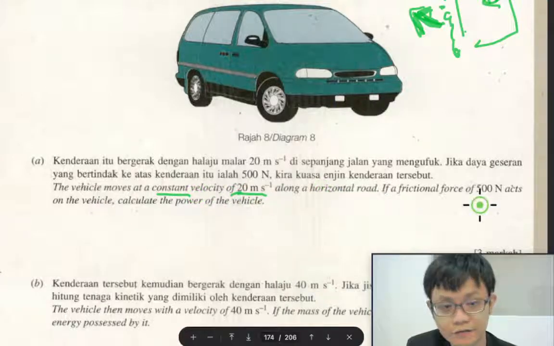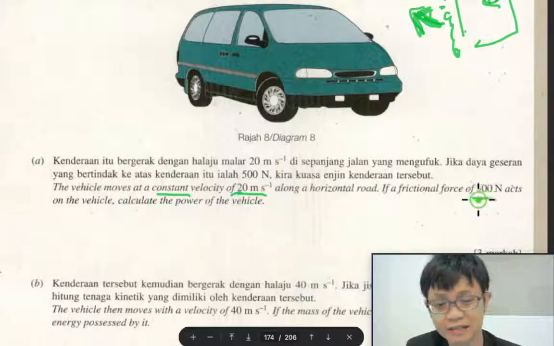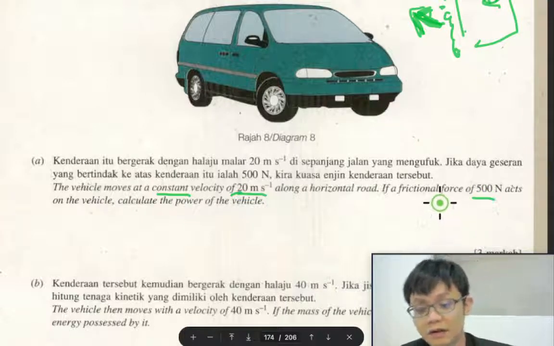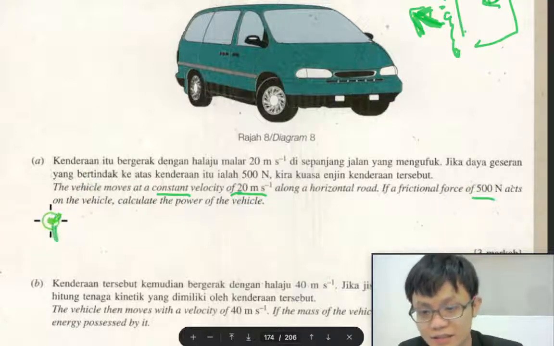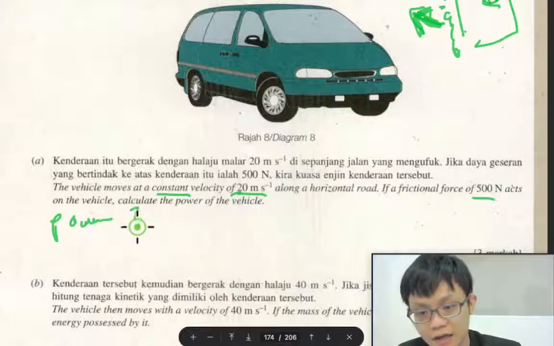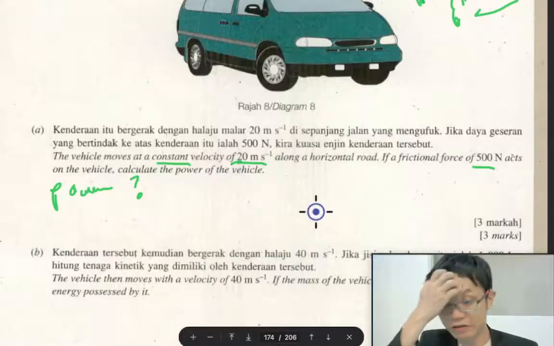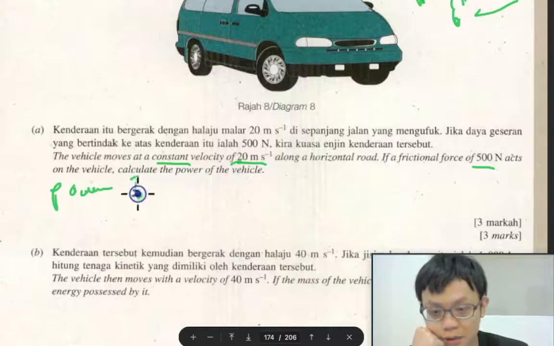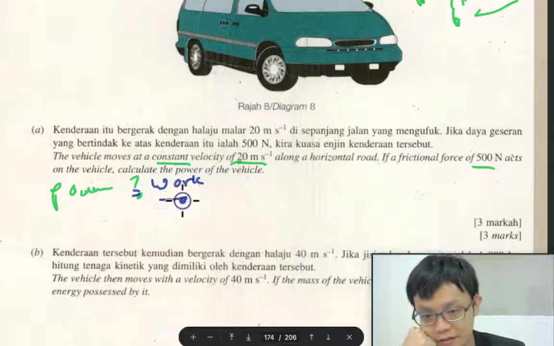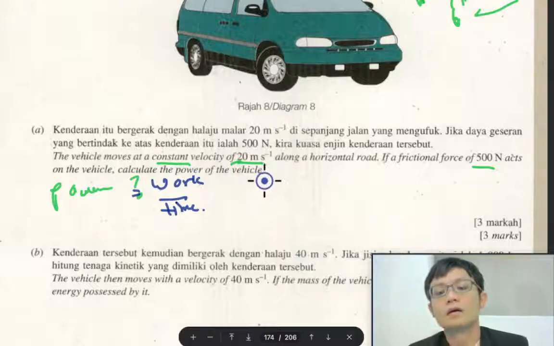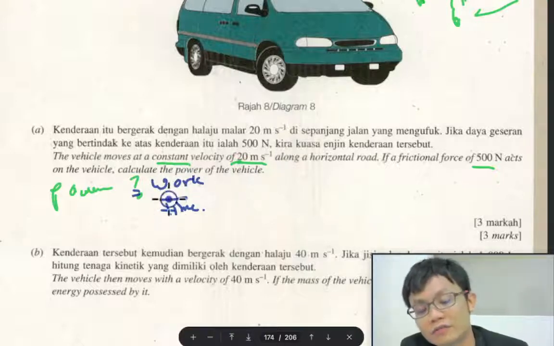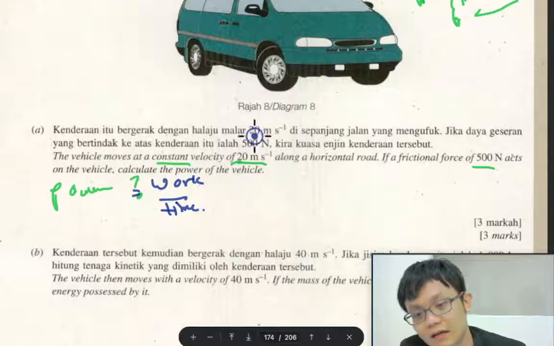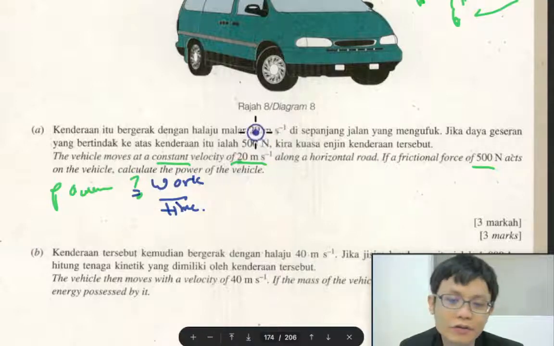Along the horizontal road, a friction force of 500 Newton acts on the vehicle. Calculate the power. So what is the power of the car? Okay, what is the formula for power? Power equals work divided by time. 对不对? Formula: power equals work divided by time. But we don't have the time. Oh, we have the time.